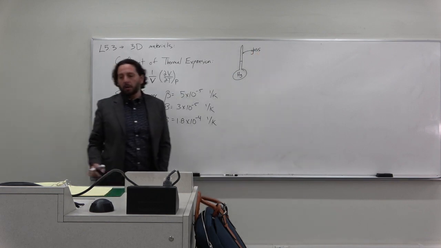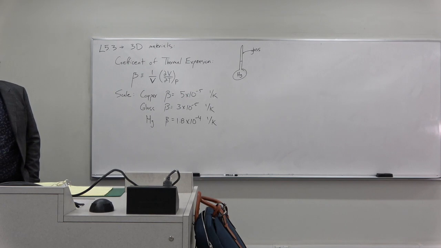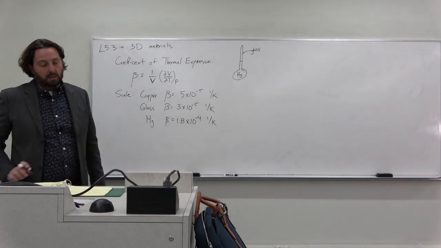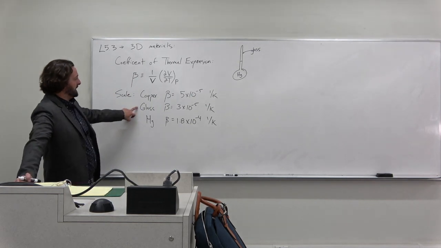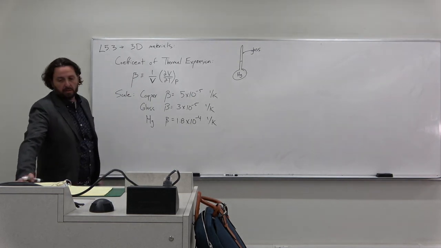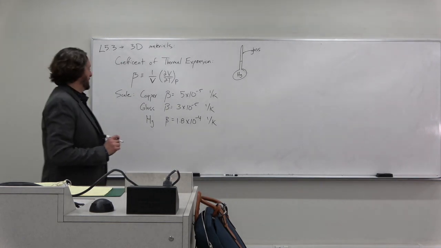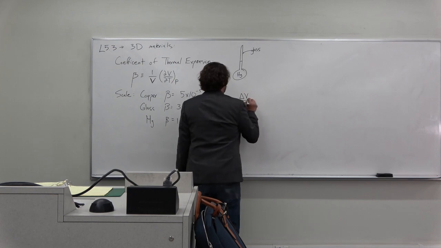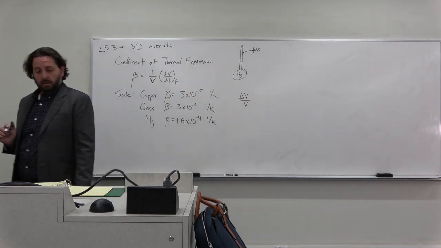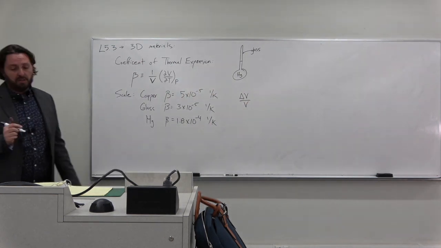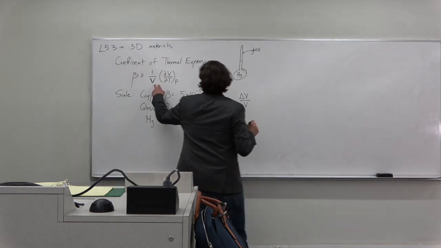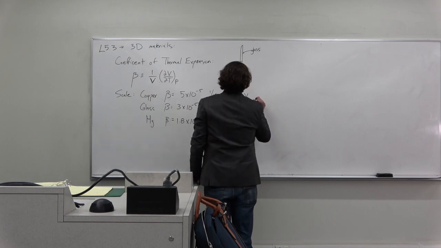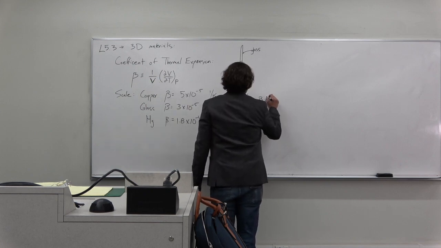So we have a glass bulb filled with mercury, and this is our thermometer. You put it in your mouth and you see how much it expands, right? So here you can see that not only is our mercury changing, but so is our glass, right? So if we want to know how much the volume changes, just delta V over V, right? So delta V over V is going to be beta delta T, right?